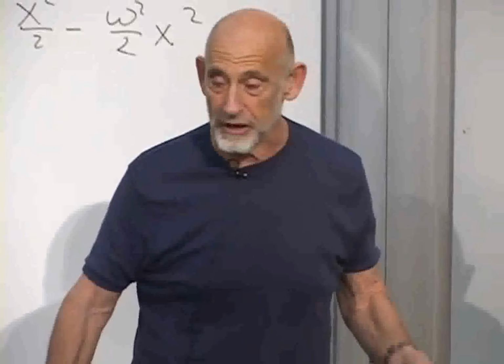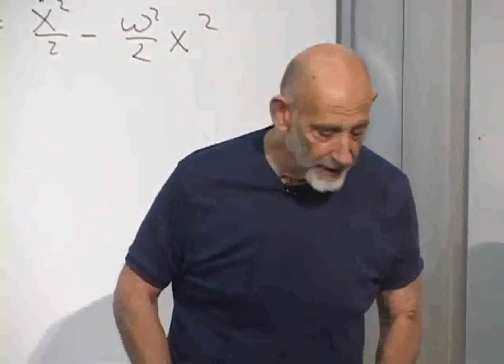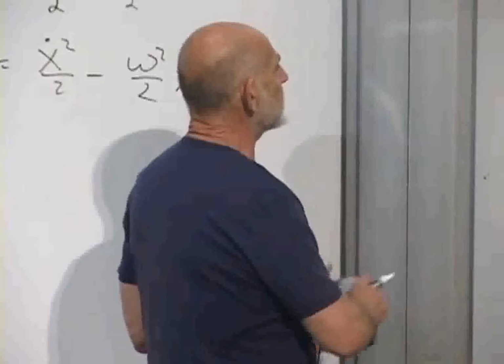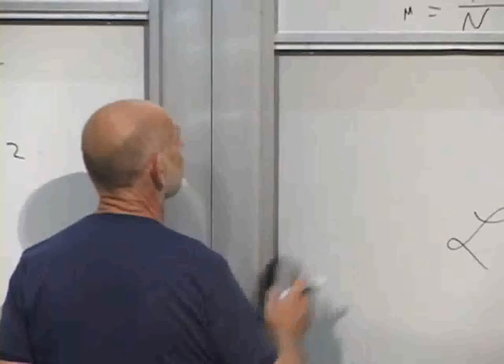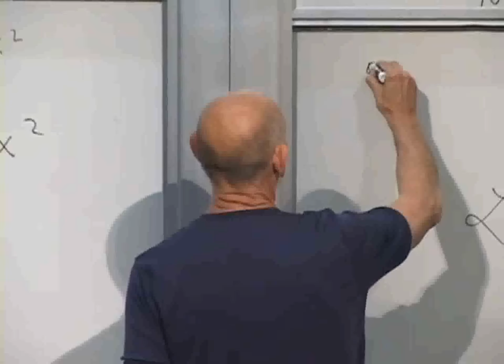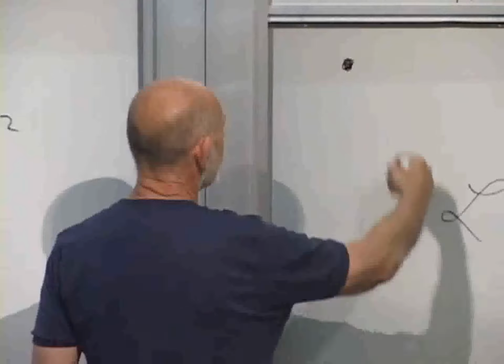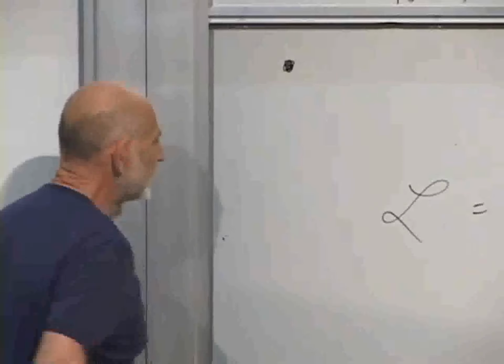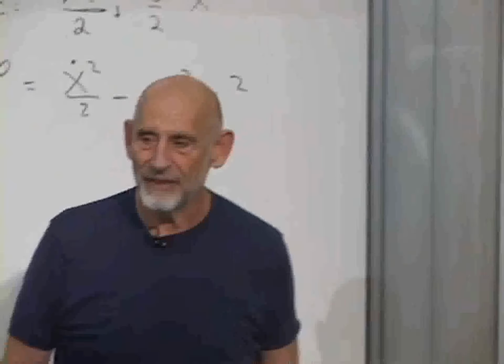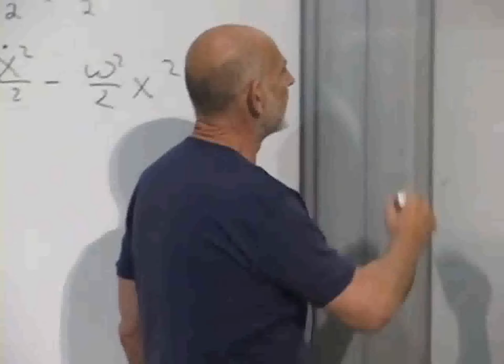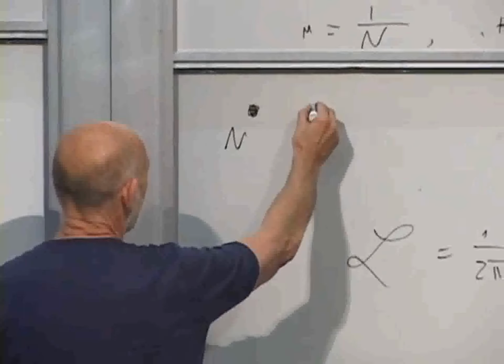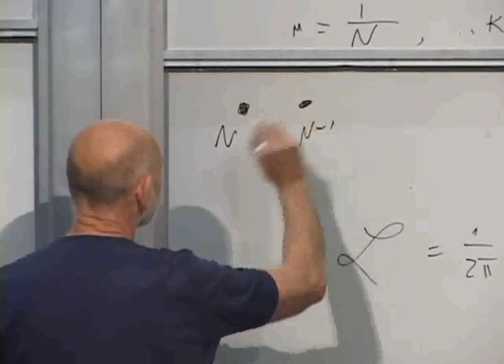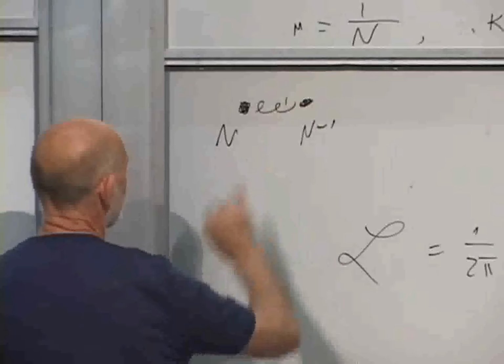Those are the mass points at the end of the string. So let's concentrate on the mass points at the end of the string. And then here's the last point on the string, the ultimate point on the string, that's n, and here's the penultimate point, n minus 1. And they're connected by a spring.